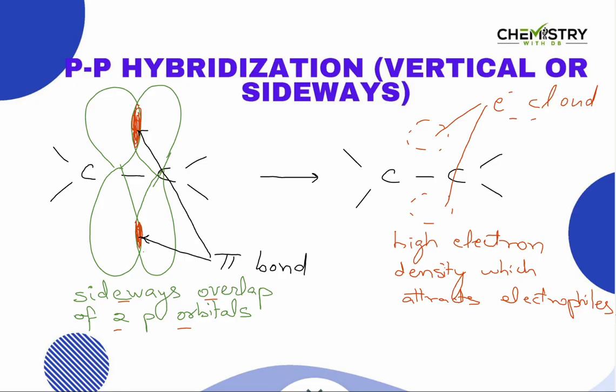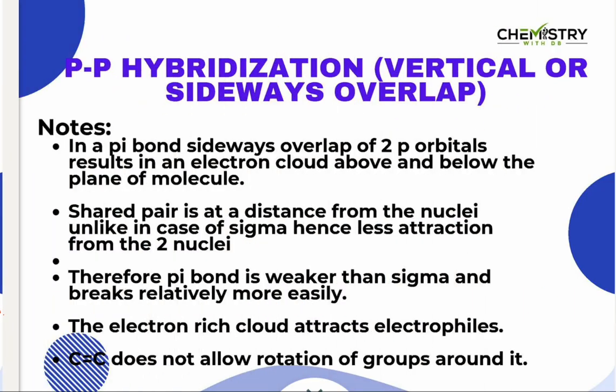So we can call this an electron cloud, and this electron cloud is going to attract electrophiles, which are positively charged species attracted to an area of high electron density. Now, in a nutshell, here are some notes for you: in a pi bond, sideways overlap of two p orbitals results in an electron cloud above and below the plane of the molecule.